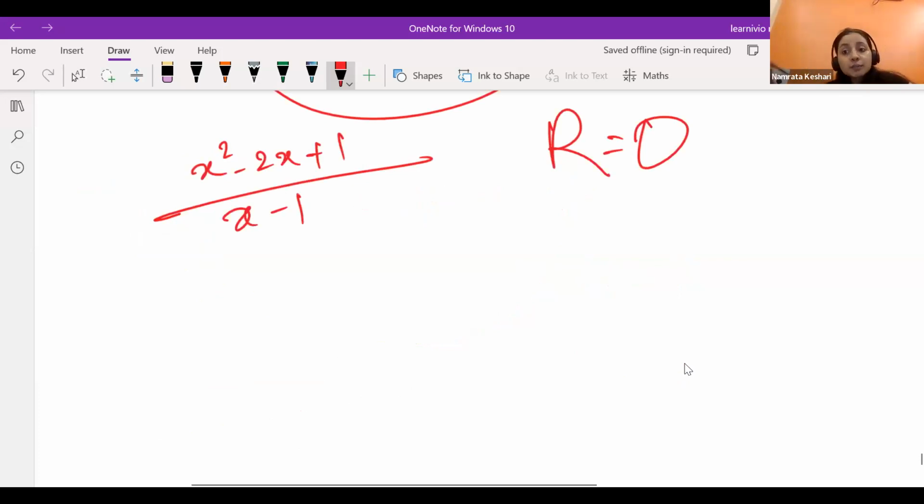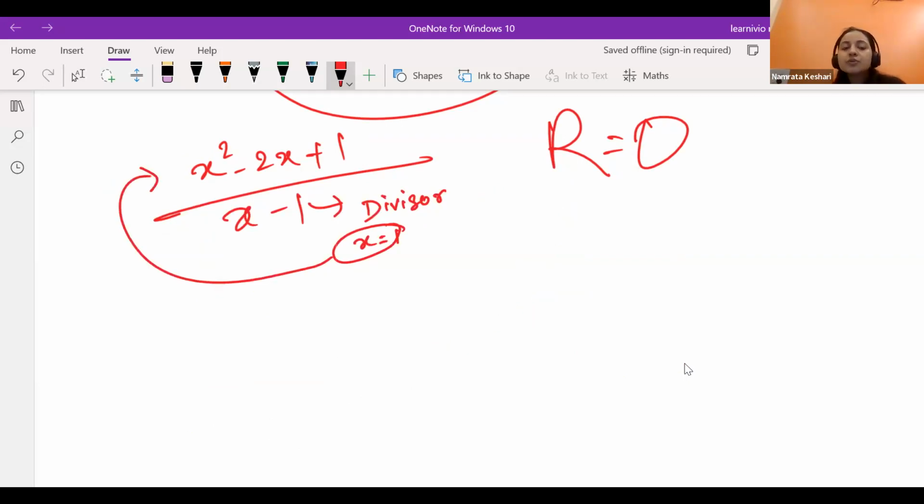By the magical remainder theorem. Find the zero of the divisor and put it in the dividend. It will give you the remainder directly. If that is 0 then you can say it's a factor. If that is not 0 you can say it's not a factor.